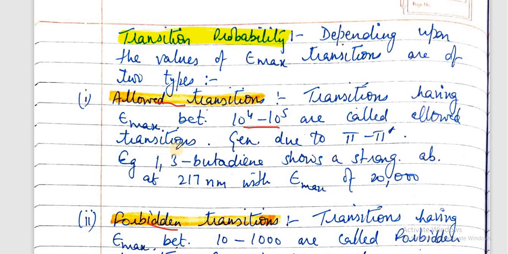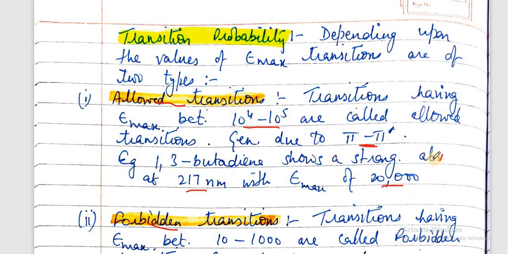Generally these are due to pi to pi star transitions, and these are strong absorption bands. For example, 1,3-butadiene shows a strong absorption at 217 nanometer with epsilon maximum of 20,000.